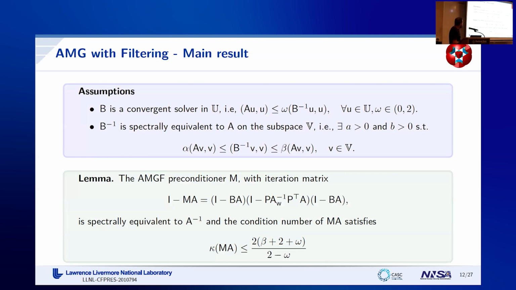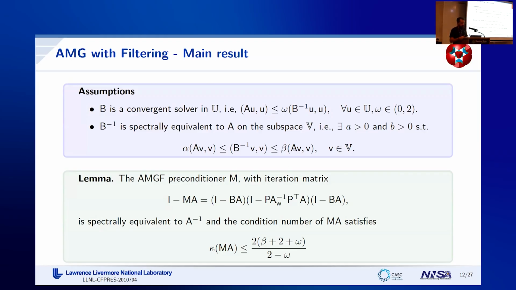Then under these two assumptions, we can show norm equivalence. What are these two assumptions? Let's say you have a solver on the big space U, which is convergent, not norm equivalent, just convergent. And then you can show norm equivalence in this orthogonal complement.